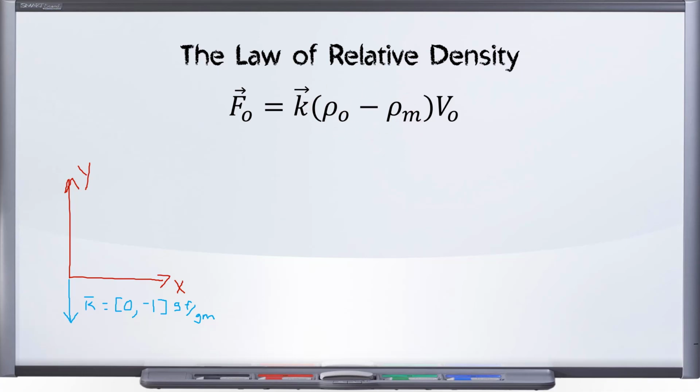We want to compare the density of the object to the density of the medium that it's in, and the minus sign is doing the hard work of telling us if these two values are equal, we're going to get 0. And that means we're going to get 0 force, and the object will just hover at balance, at equilibrium.